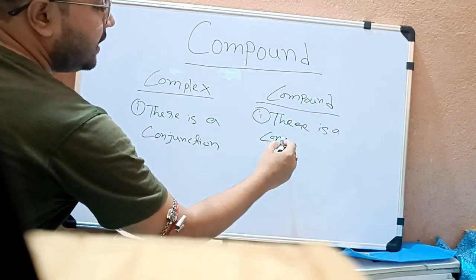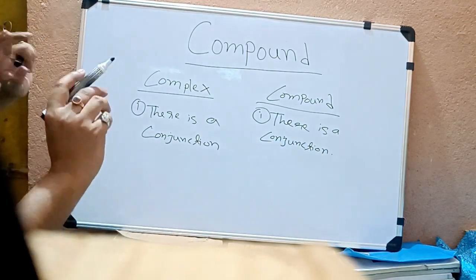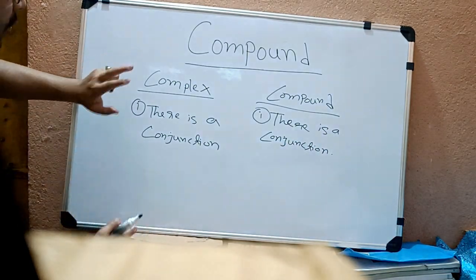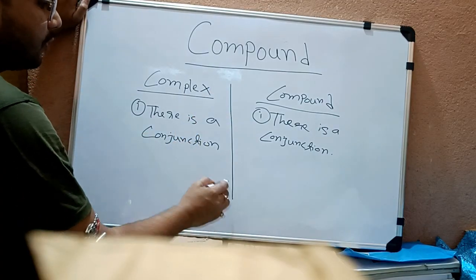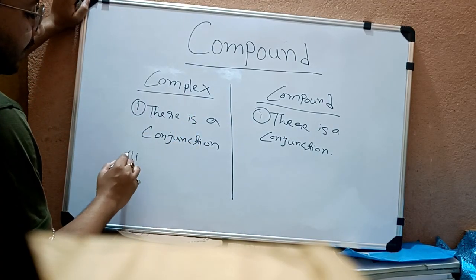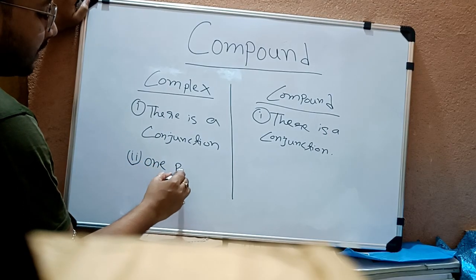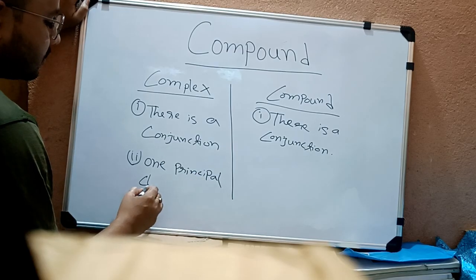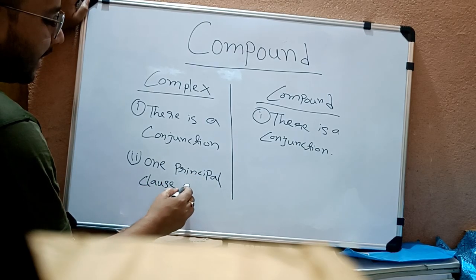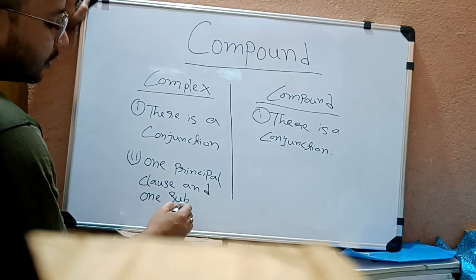So the first point is the same: in both the sentences the conjunction is mandatory. Then how can we differentiate the complex and the compound? Here the second point is that in a complex sentence there is one principal clause and one sub clause.